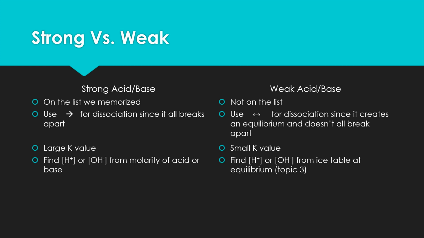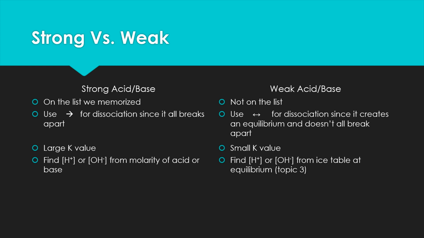Most of the time, for our strong acids and bases, when we see their dissociation, we use the single arrow, since it all breaks apart and forms our products, and we get very little equilibrium happening there, so we assume that it's all product. When we look at our weak acids and bases, we use the double arrow for our dissociations since it creates an equilibrium and doesn't all break apart.